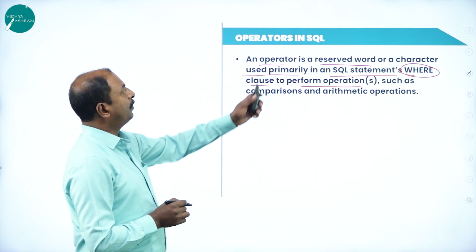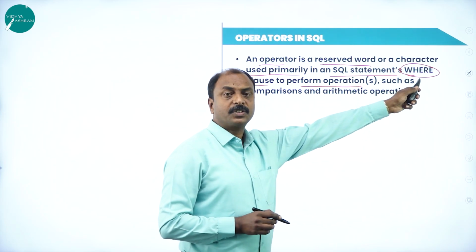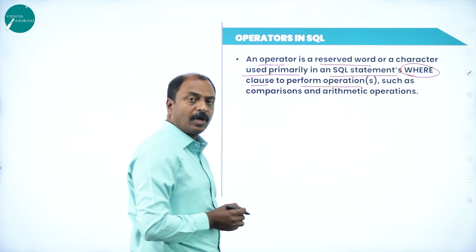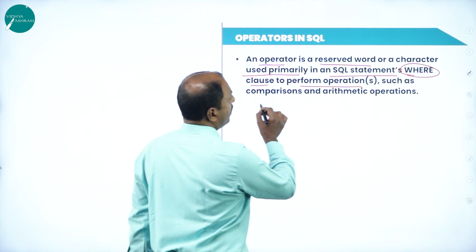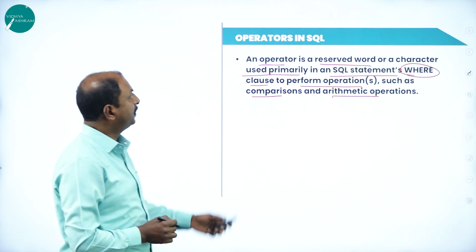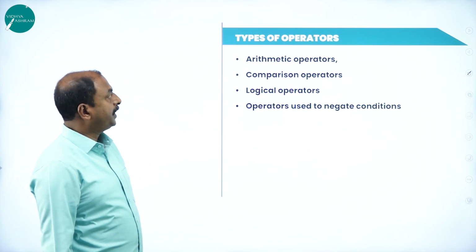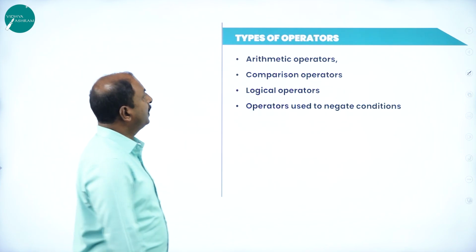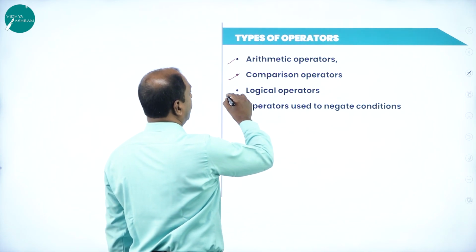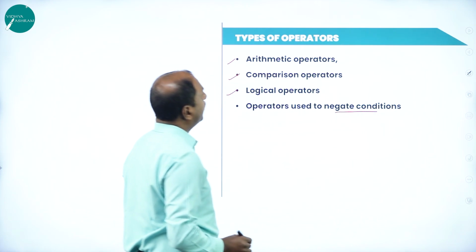The operator is a reserved word, and we use it with the where clause for performing different types of operations, which may be comparison, arithmetic, or other operations. So these are operators in SQL. Now we will see different types of operators: arithmetic operators, comparison operators, logical operators, and operators used to negate conditions.